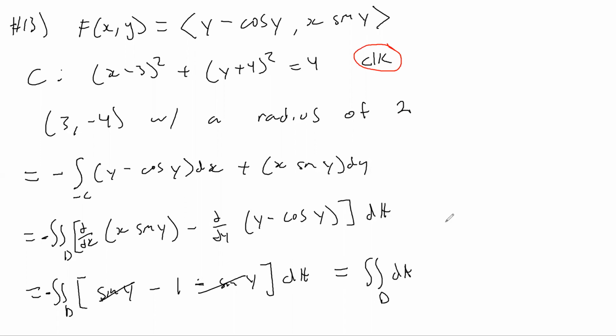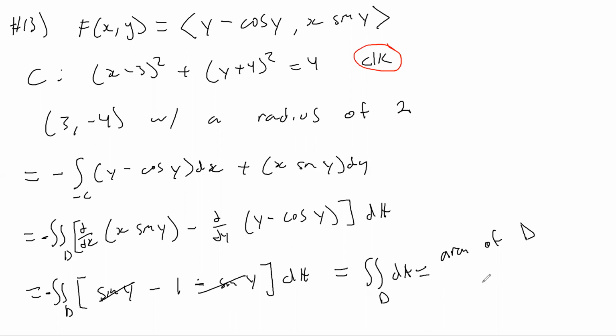This should just relate to the fact that this is the area of D, the boundary region that we're given. In the question, we're given this bound C, which is a circle, so we're essentially finding the area of a circle.